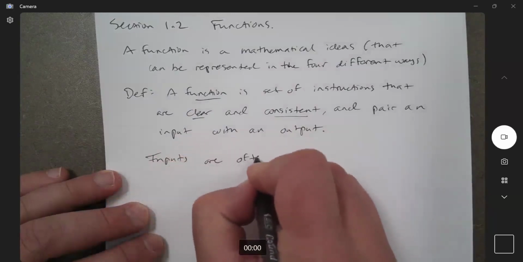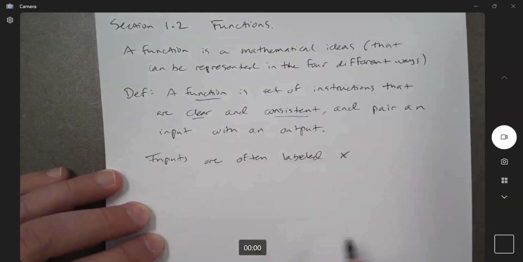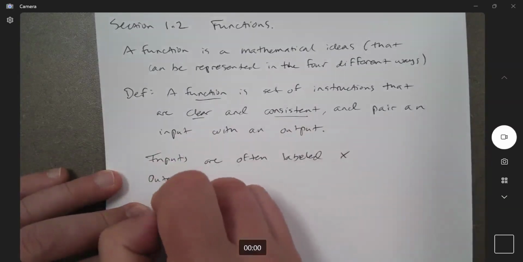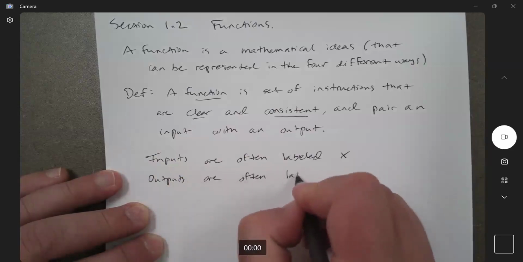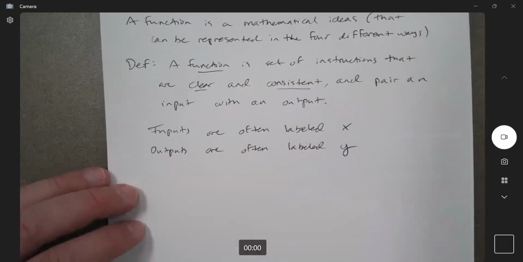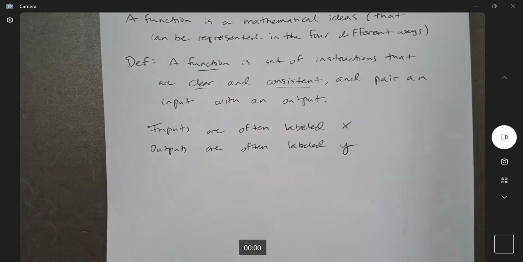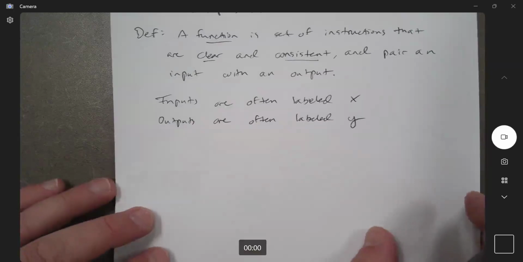Inputs are often labeled X. Outputs are often labeled Y. Let me give you an example of a function.